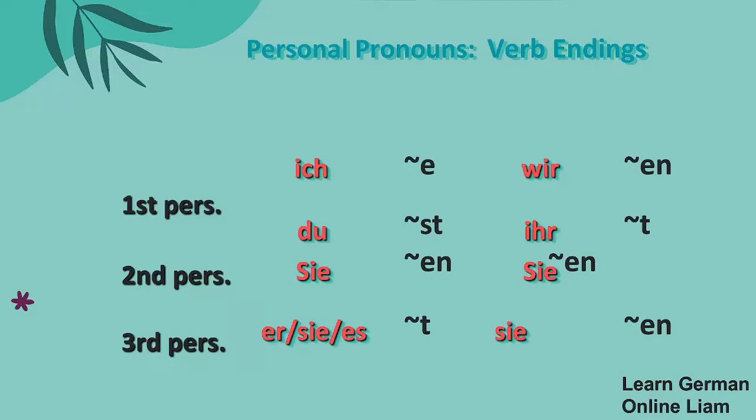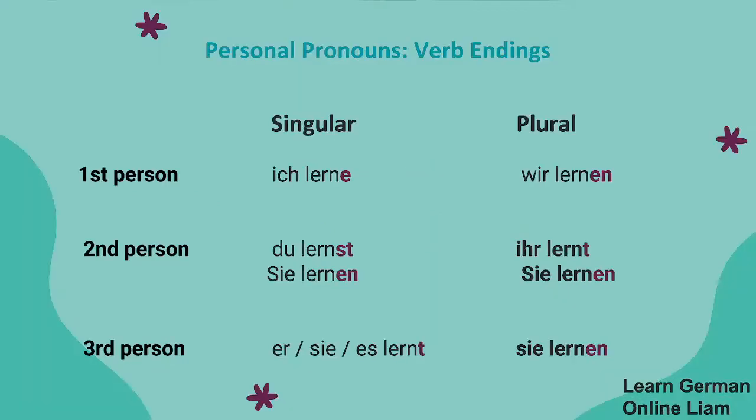For example, the verb lernen is what we have used. Putting together, first person, ich lerne, when I talk about myself. If I talk about us all together, we learn German, then I'll use wir lernen Deutsch. Second person, if I talk about you in an informal way, I'll use du lernst.